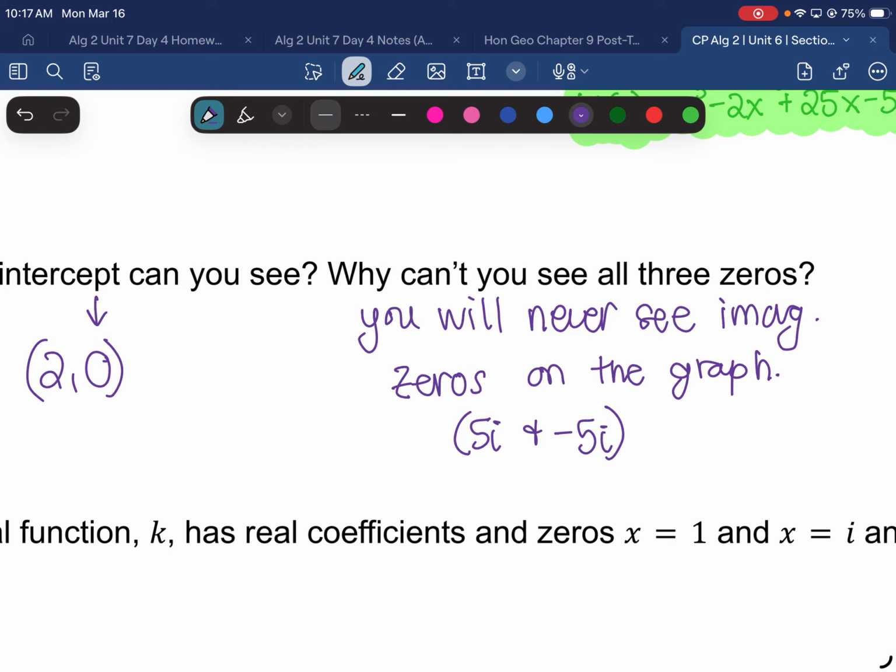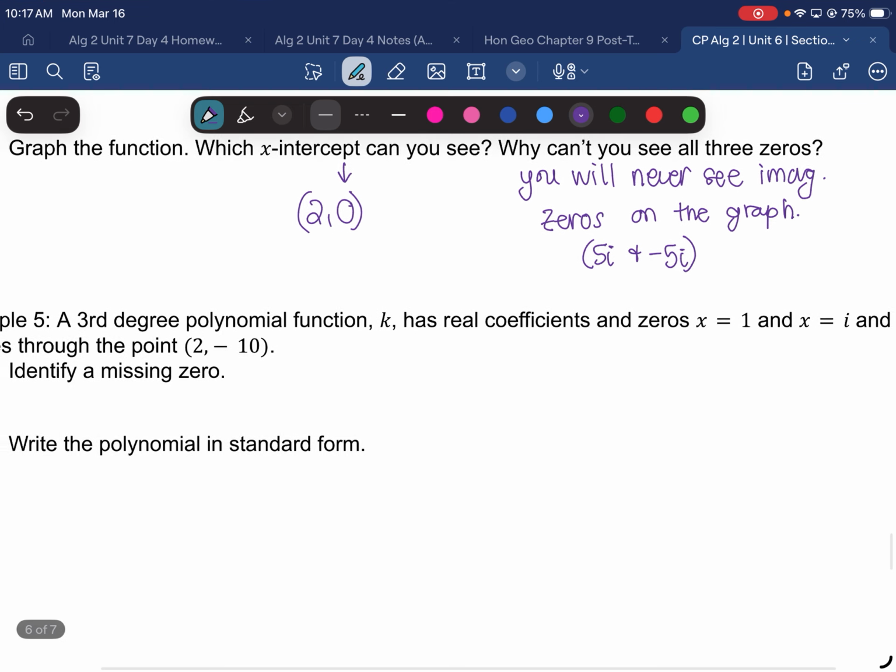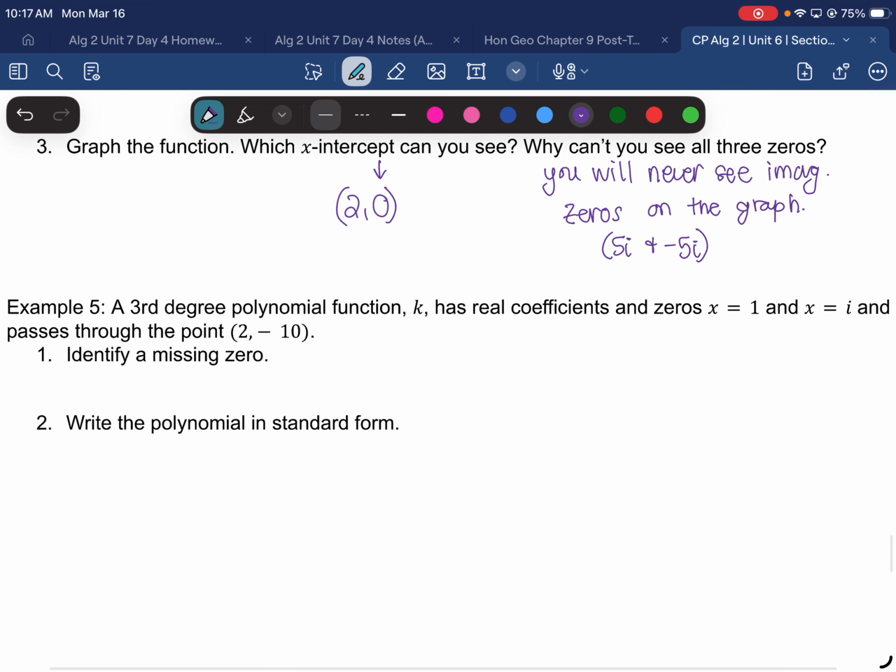Oh, great. We only have one more. Okay, now this last one's a combination of the last 2 examples we just did, where you're going to have an imaginary 0, but it's passing through this point.